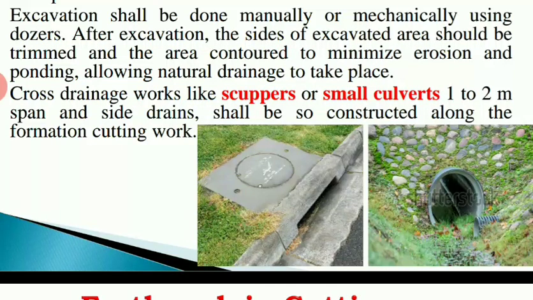And after the excavation, the sides of the excavated area should be trimmed and the area contoured to minimize erosion and ponding, allowing natural drainage to take place. So after that excavation, the sides of the excavated area should be trimmed off and the area contoured to minimize erosion.